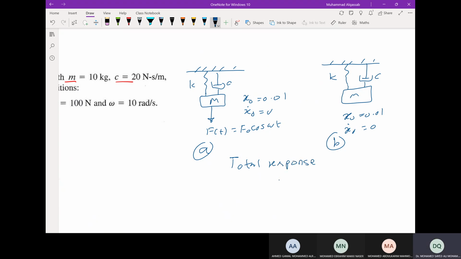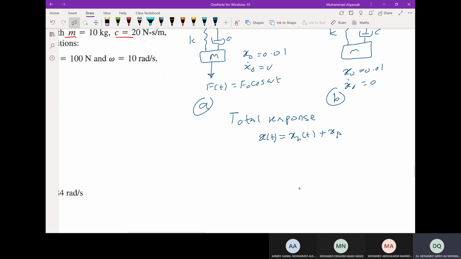The total response is x of t equal to xh of t plus xp of t. xh of t, as we said, depends on the value of zeta. And xp has to follow the right-hand side of the equation, which is the force.